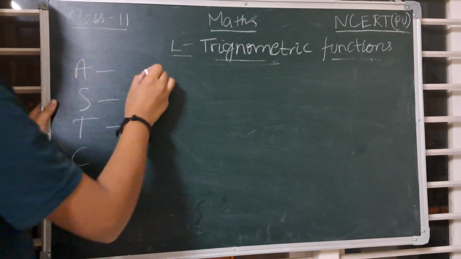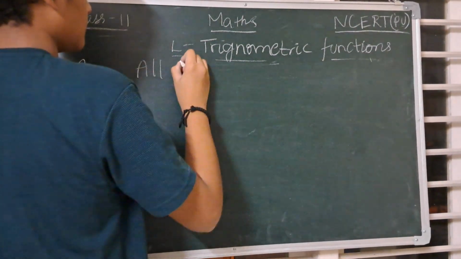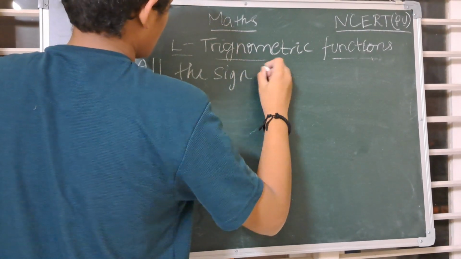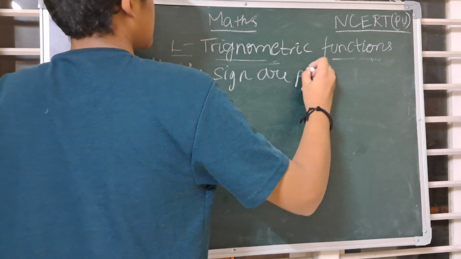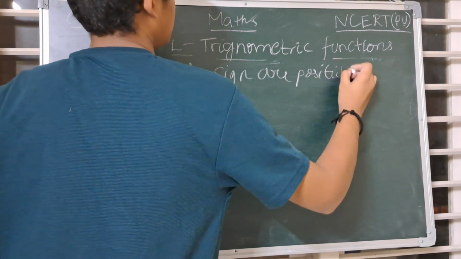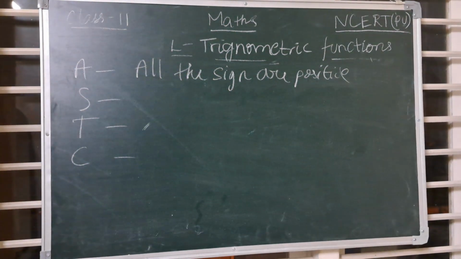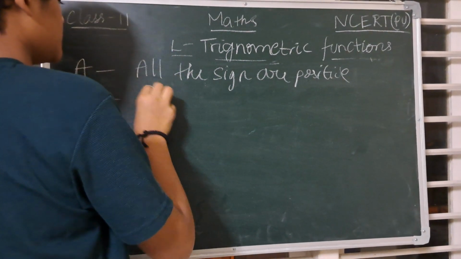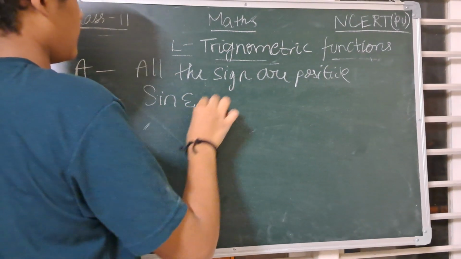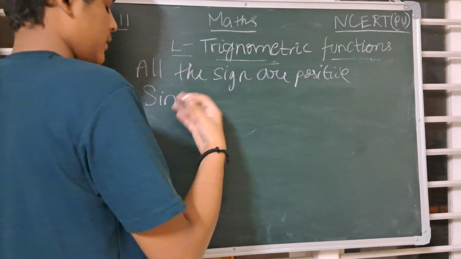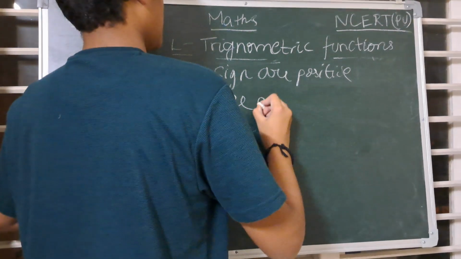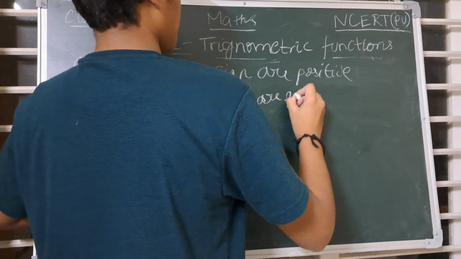A stands for all the signs are positive. And S stands for sine and its reciprocal, that is cosecant, are positive.